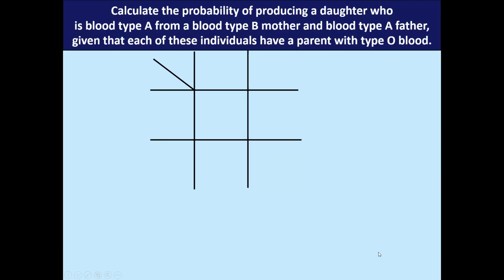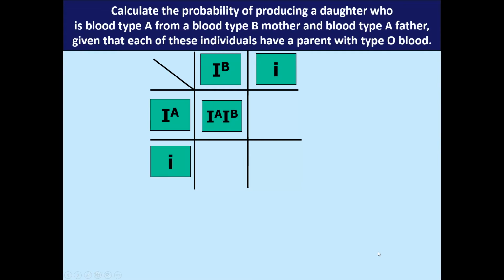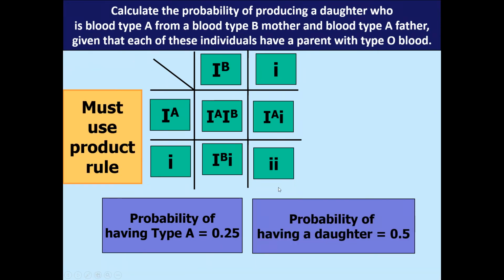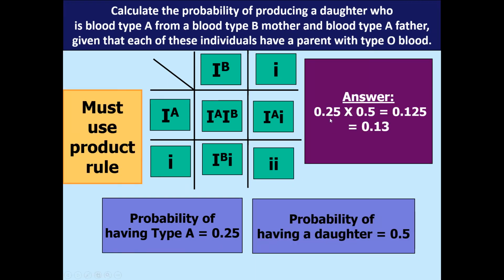So we'll put their gametes into the Punnett square and find the possibility of type, we want a daughter who is blood type A. So type A is right here, 1 out of 4 chance, so 0.25. And we're going to multiply that by the chance of having a daughter. So 0.25 times 0.5 is 0.125, which we will round to the nearest hundredth for a final answer of 0.13 chance.